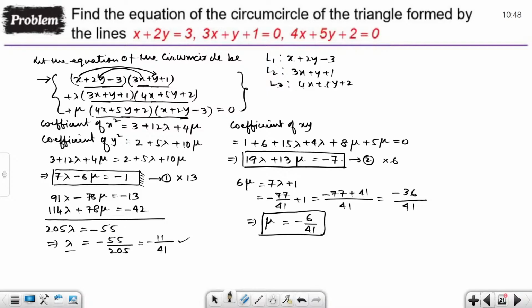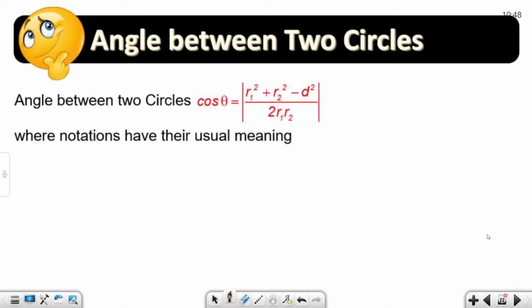Absolutely. Okay. So now let us jump into our next concept, which is how to find the angle between two circles. It's not only the angle between two circles, but the angle between any two curves. Remember this. This we are going to cover in application of derivatives in class 12.